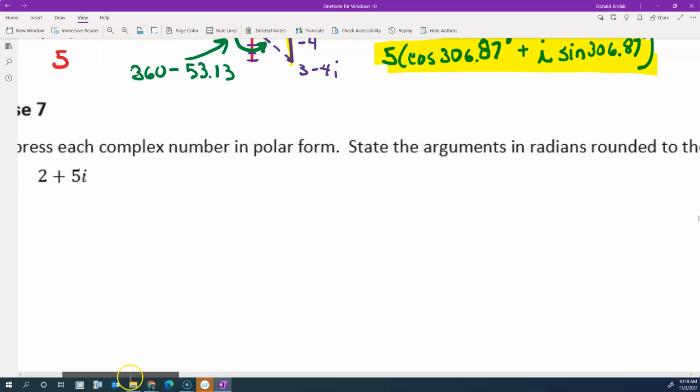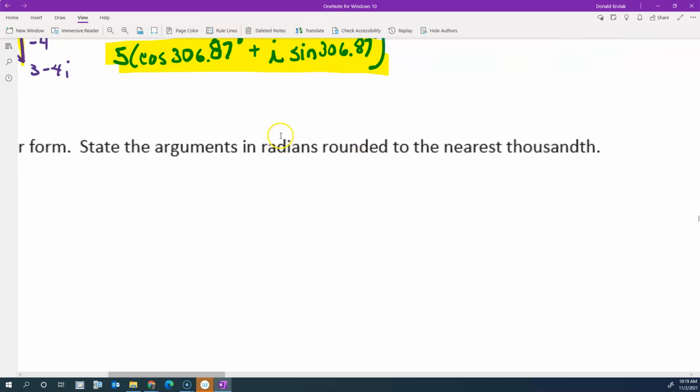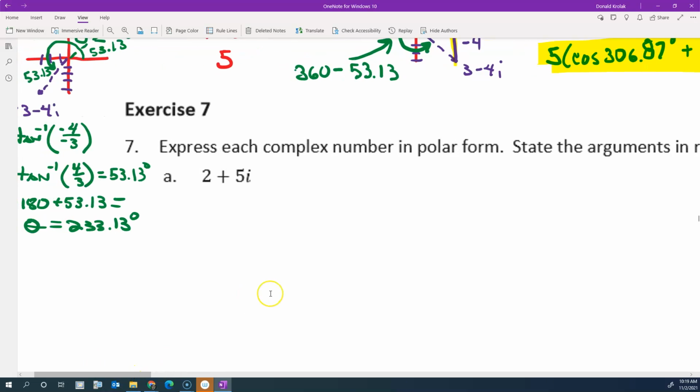All right, now this one, you're doing the same thing. All you're doing is you're changing it to radians instead of degrees. Nothing's changed. Okay, all right, so let's figure out what the modulus is.